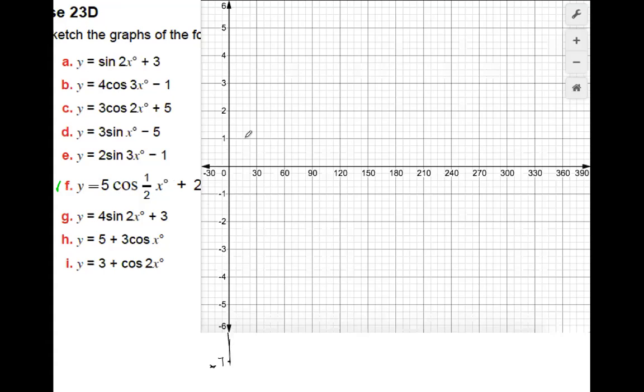Okay, so instead of being at 5, which is where it would have started, I would start at 7. And because I'm going to just show half a period, it's going to drop here and go up to 360 at -7.